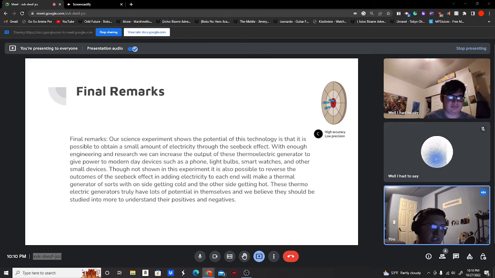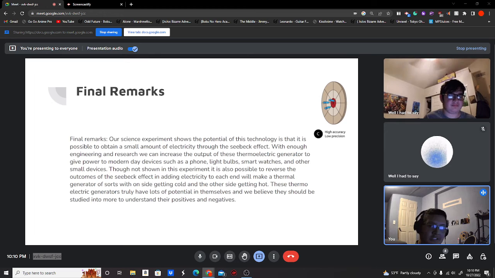Through this, we can show that we could power small devices such as light bulbs and phones. We could charge phones. We could even power small smartwatches that use your body heat and the difference on the other side of the heat and the cold to charge the smartwatch. Now it might be a low voltage, but it is something. It's not just nothing, as the feedback effect shows.